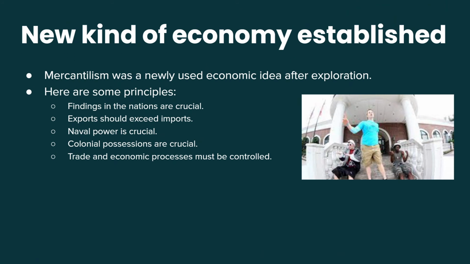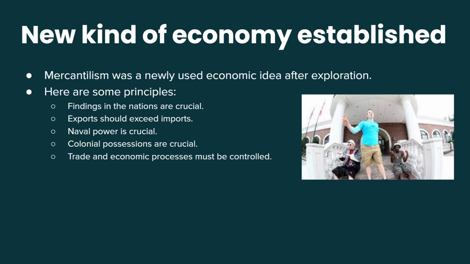So there's a new kind of economy established once there's colonization, and this is mercantilism. Sorry, that's supposed to be underlined. That's a vocab word. It was a newly used idea in which findings in the nations are crucial. So whatever you find, that's needed. Exports should exceed imports, so you should be giving things away more than you take in.